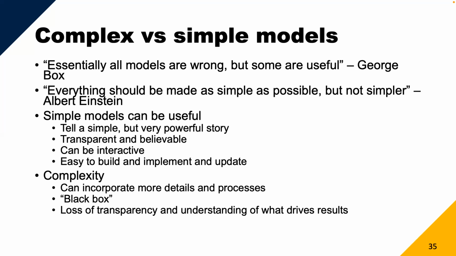But oftentimes you have to worry about things like the fact that it's a black box, which means you have an input into the model and some output, but there's so much complexity happening within. It can be hard to tell how certain things are happening and why. You don't get to see the inner workings of what's happening. And oftentimes you lose the transparency and understanding of why certain things are happening. Yeah, and I can definitely relate to that in doing some more complex modeling.